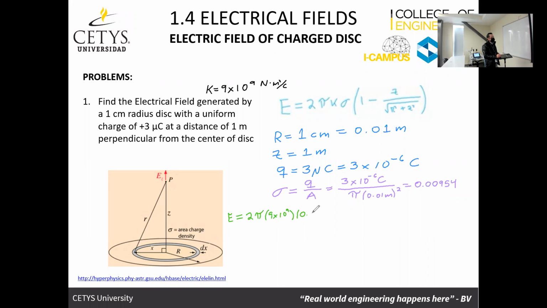Sigma, which is 0.0954, multiplied by 1 minus 1 divided by the square root of 1 squared plus 0.01 squared.